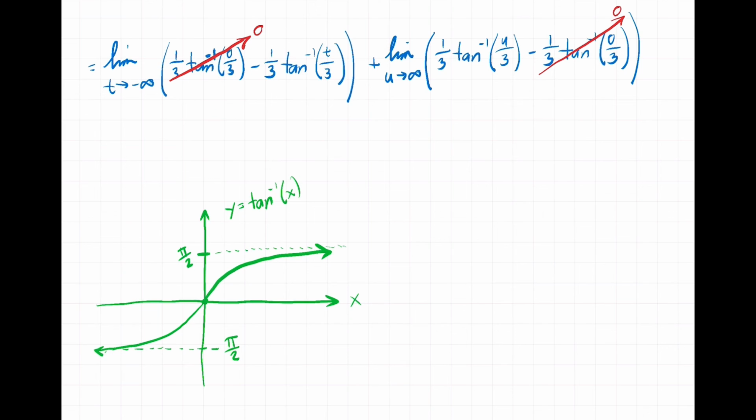So, as t goes to minus infinity, that means t over 3 is also going to minus infinity, and that means that our inverse tangent part here is going to negative pi over 2. So actually we have negative 1/3 of negative pi over 2.